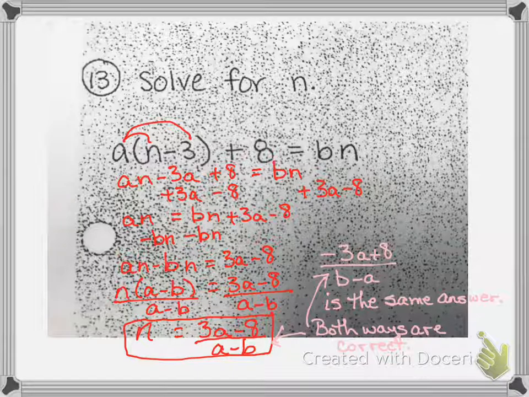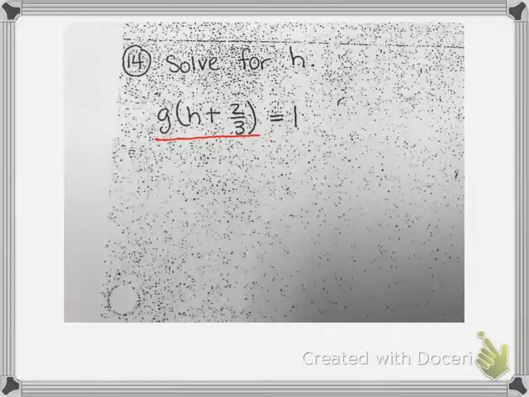Okay. Number 14. Now, solve for h. The way we've talked about doing it in class is by first getting our G out of the way. So we're going to divide by G on both sides.